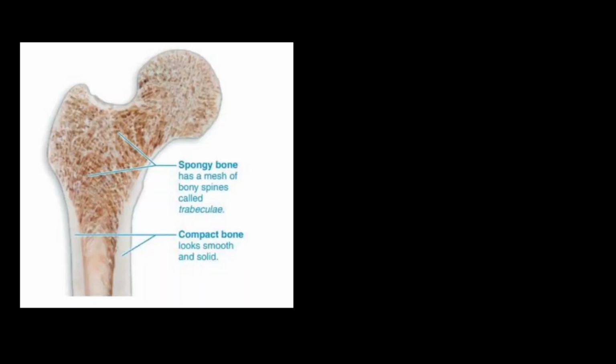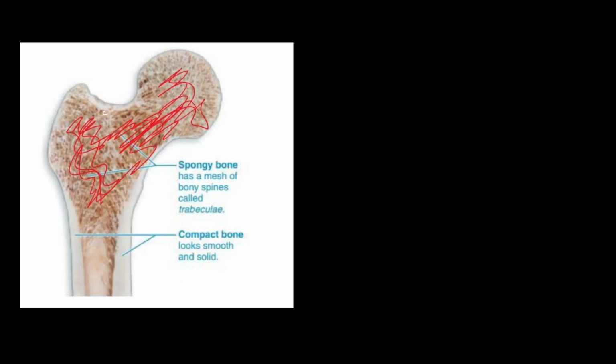All right, so here we can see a picture of the longitudinal section through the bone. Okay, we can see that on the outer surface it has a dense layer, the compact bone. However, especially at the epiphysis of the bone, which is this region, we can see that we actually have spongy bone.